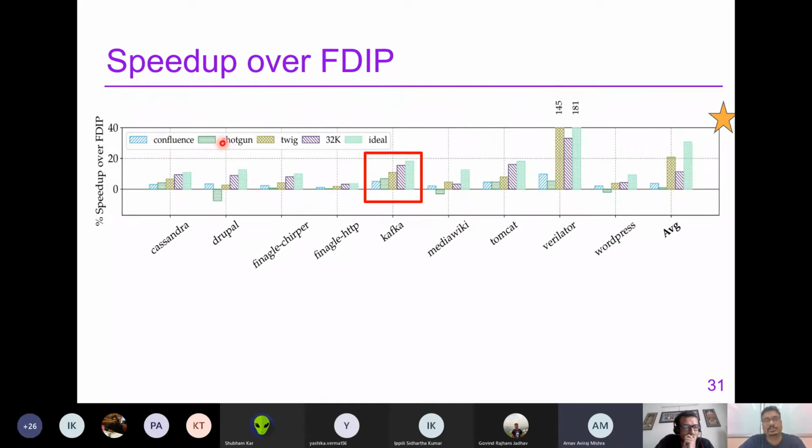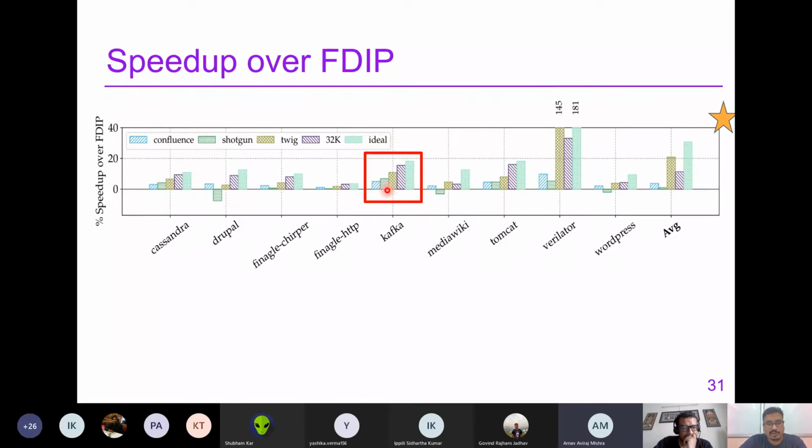These are two of the hardware-based state-of-the-art prefetchers. Then this bar represents Twig, and this purple bar represents a 32K entry BTB. Our baseline is an 8K entry BTB, and this last one is with an ideal BTB.